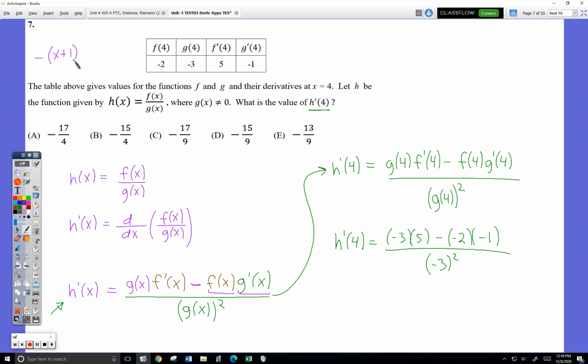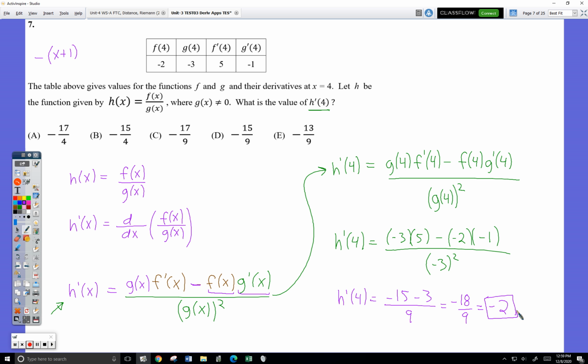So then just finish it off for the video. Negative 15. Negative times negative is positive, back to negative. Minus 3 all over. Negative 3 squared is positive 9. You're going to get negative 18 over 9, which is negative 2. Unless I made an error.